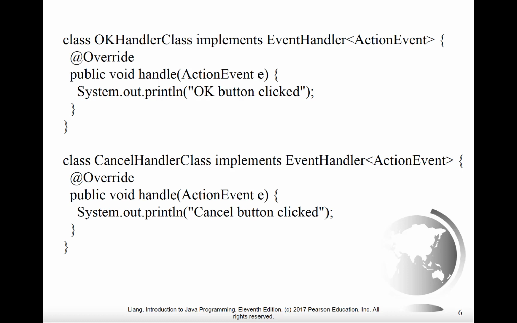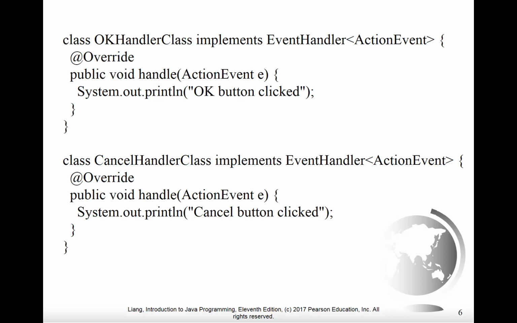It was very important to understand inheritance and the relationship between children and parent classes and so on. And now we're seeing that we have an interface called EventHandler, and we need our OKHandlerClass to implement that interface. So that's effectively what we're doing here. And the EventHandler takes a generic type, and so we're going to give it an ActionEvent as the type that it's going to use.